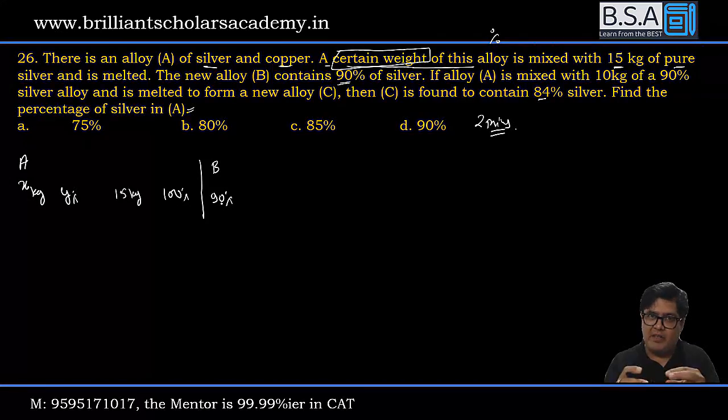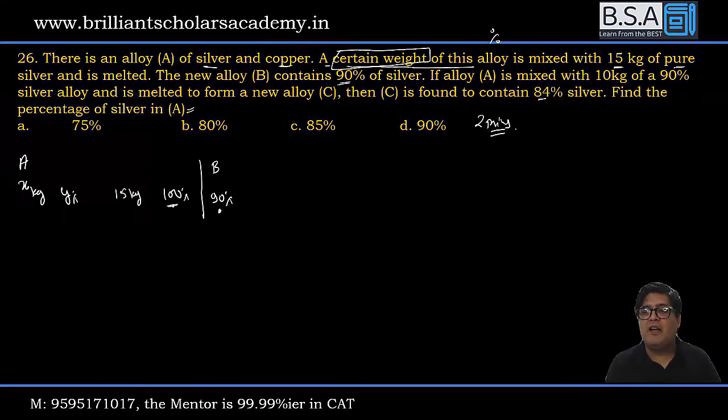Whenever we take an average, the final result will always come in between. This 90 should be between 100% and Y%. So can I say that tells me Y should be below 90?